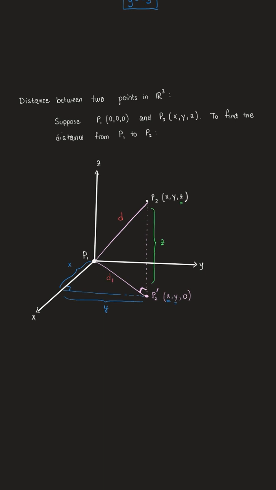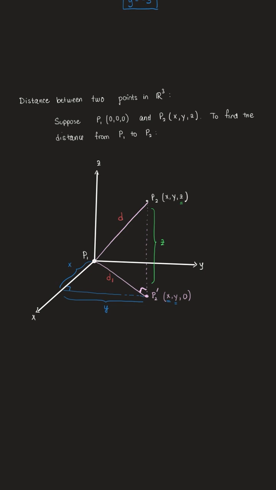Then I'm going to use the right triangle that has one leg D1, height z, and hypotenuse D. I'm going to use that right triangle in the Pythagorean theorem to find D. But first I have to figure out, well, what is D1? D sub 1 is on the xy plane, and we have a right triangle down on the xy plane that can help us find D sub 1. So let's do that first.